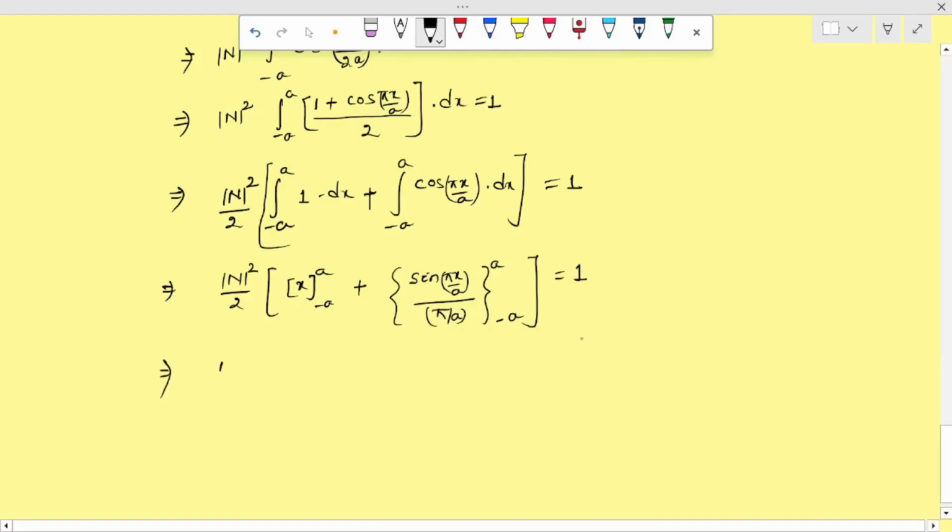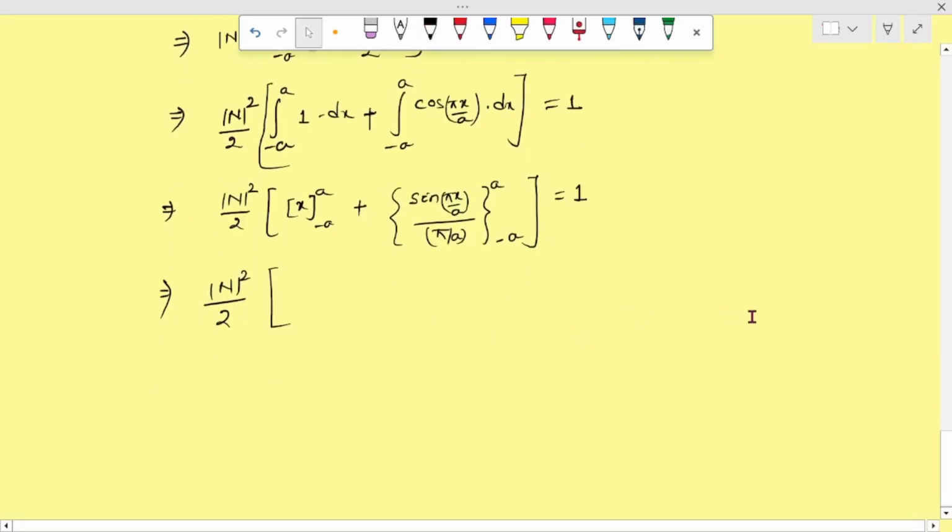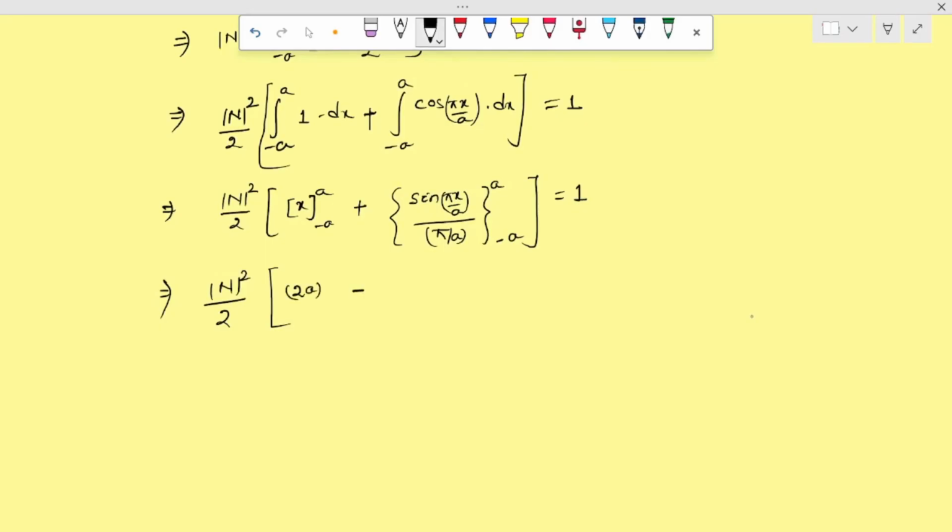That implies mod N square. Here I am writing the steps in detail. You write them down in your notes, but in your exam you can omit the steps. So here x has limit minus a to a, so if we put in the upper and lower limits, we find the value will be 2a, plus here if I put in the upper limit, I get sin pi, whose value is 0.